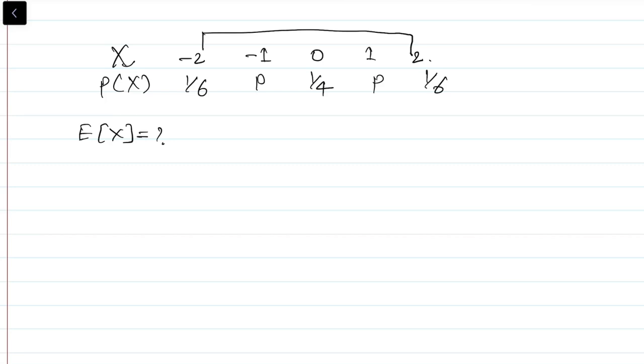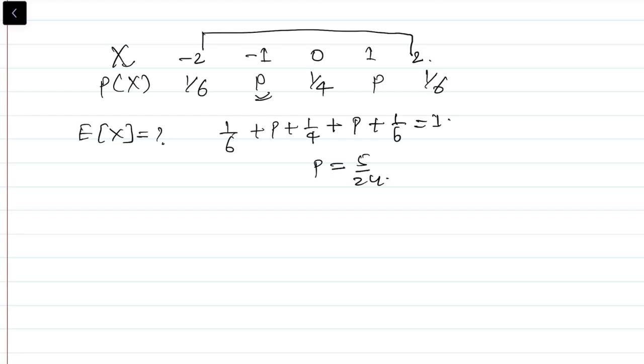Now first we need to calculate the value of p, then we can calculate the expectation. So to calculate the value of p, we can simply sum the probabilities and equate it with 1. So this is simply 1/6 plus p plus 1/4 plus p plus 1/6, and this is equal to 1. So when you solve this, you'll get p equals 5/24.